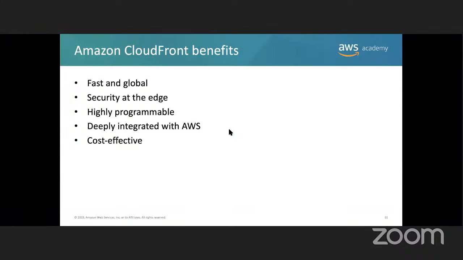Okay. So CloudFront: security at the edge, highly programmable, right? Amazon CloudFront features can be customized for specific application requirements. It integrates with Lambda@Edge, so that you can run custom code across AWS locations worldwide, which enables you to move complex application logic closer to users to improve responsiveness, right?